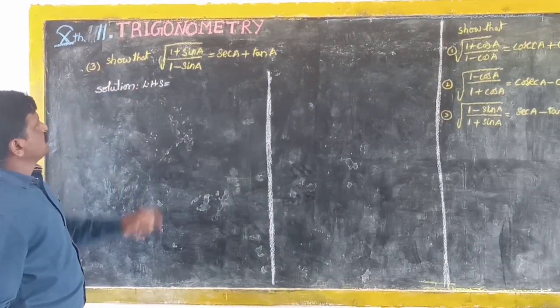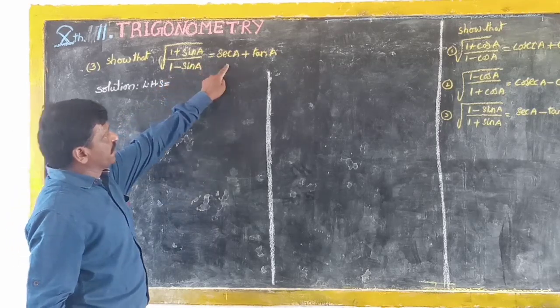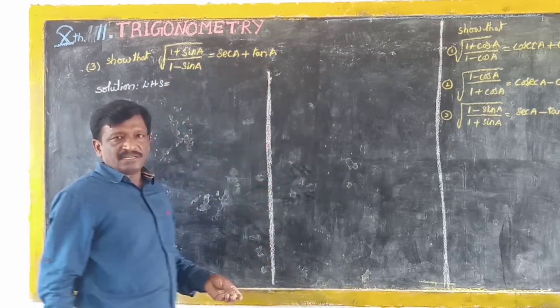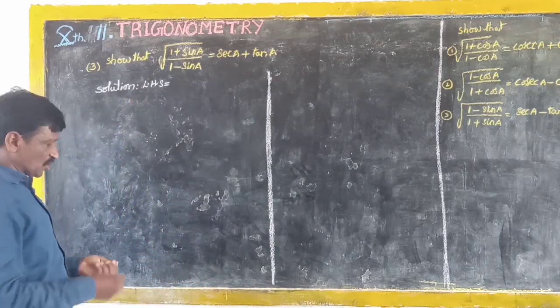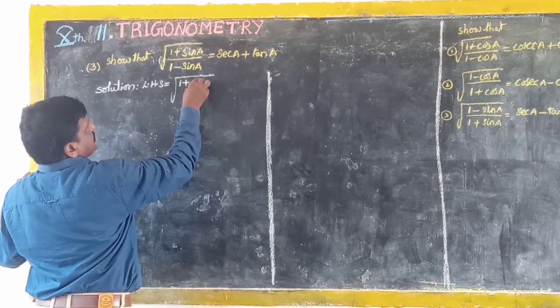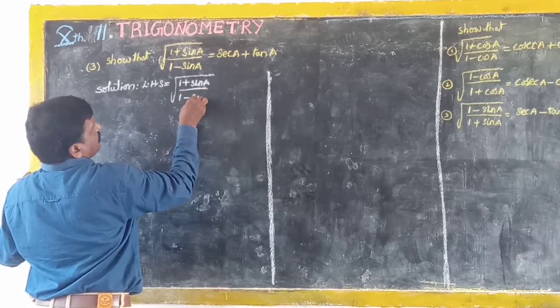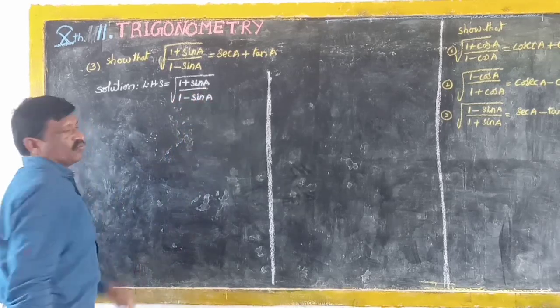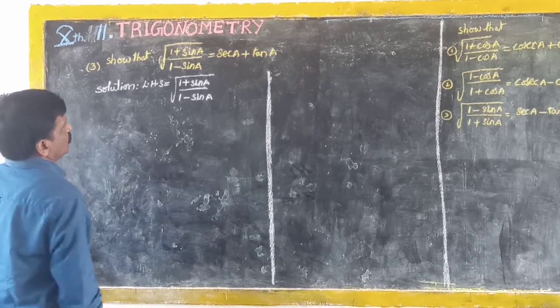Next: prove that root of (1 plus sin a) by (1 minus sin a) is equal to secant a plus tan a. This is an important sum. Solution: LHS is equal to root of (1 plus sin a) by (1 minus sin a).